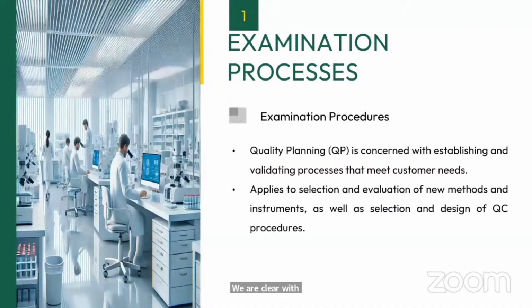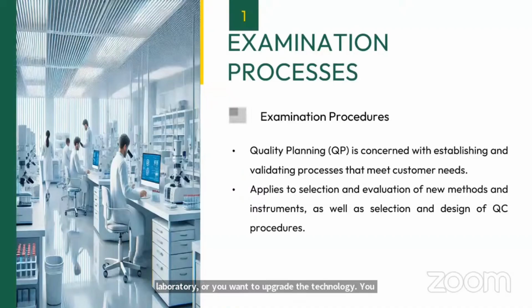Now, as we have seen, the examination procedure applies to selection and evaluation of new methods and instruments, as well as selection and design of QC procedures. So all your examination procedures also apply to the selection and evaluation of new methods whenever you are starting a new test in your laboratory, or you want to upgrade the technology or methodology in your laboratory.